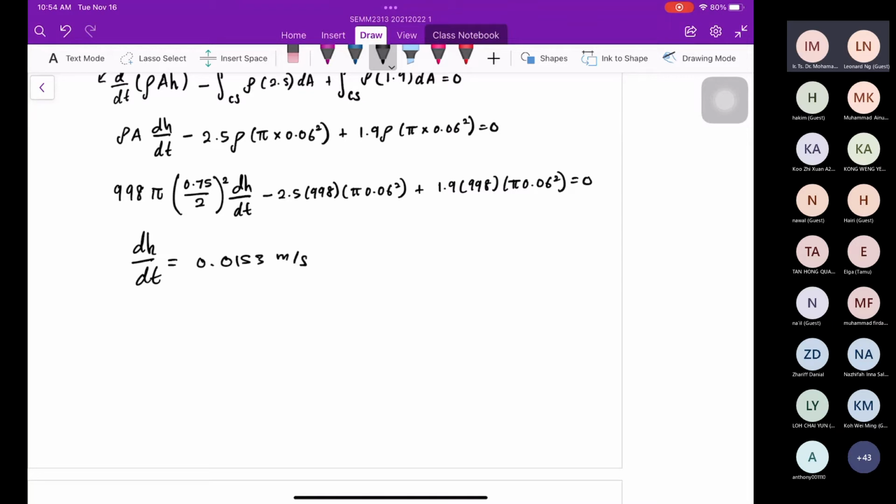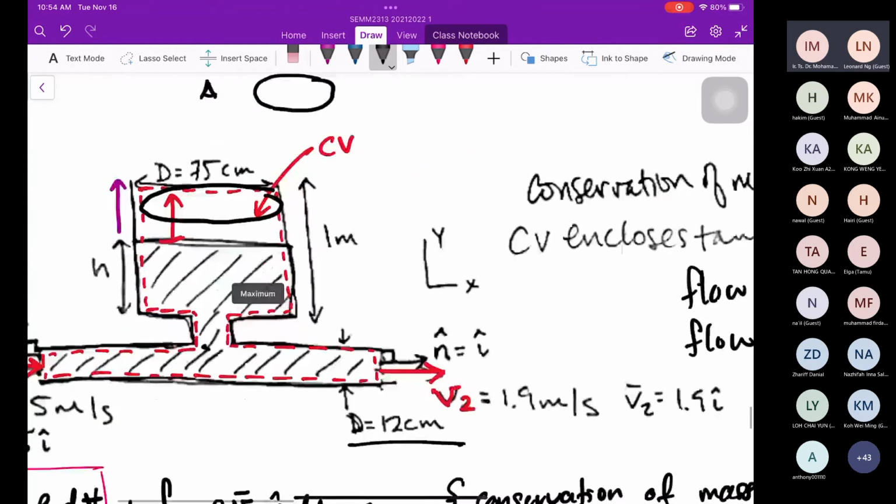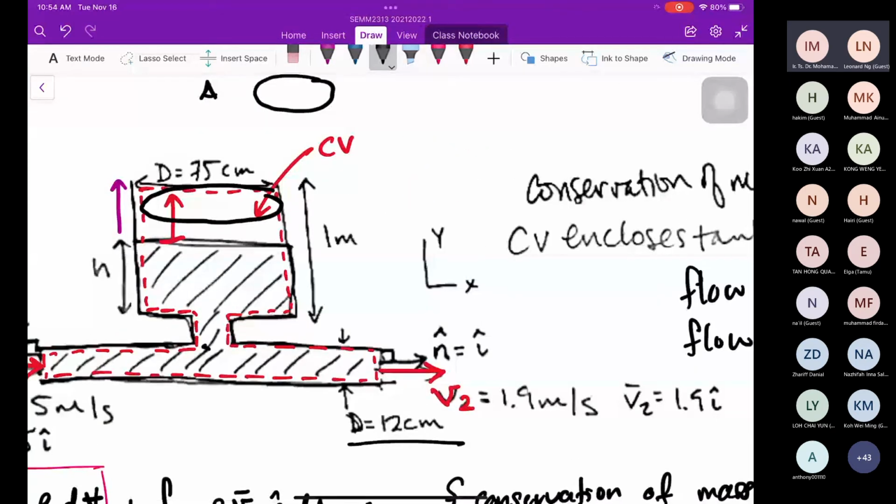0.0153 meter per second. So in order to get the time to fill up the tank, which is initially 1 meter, the H total is 1 meter.